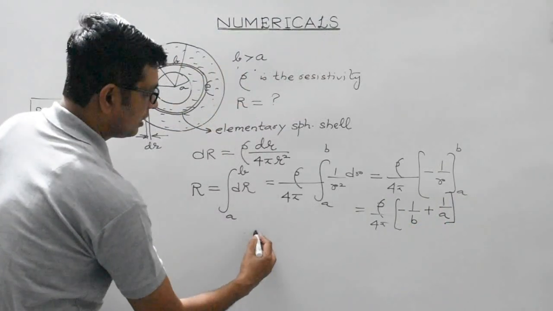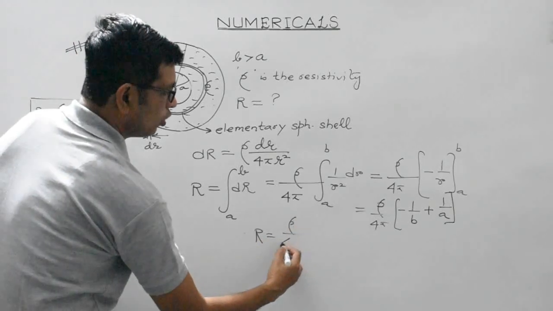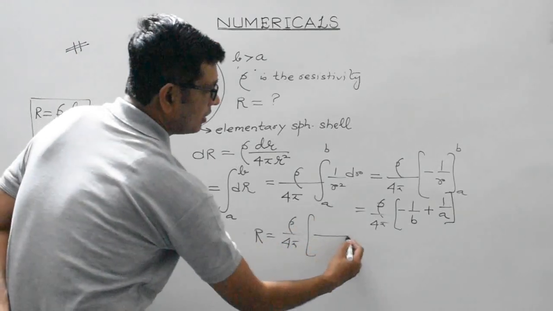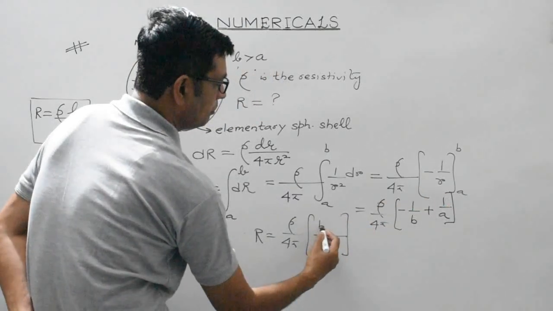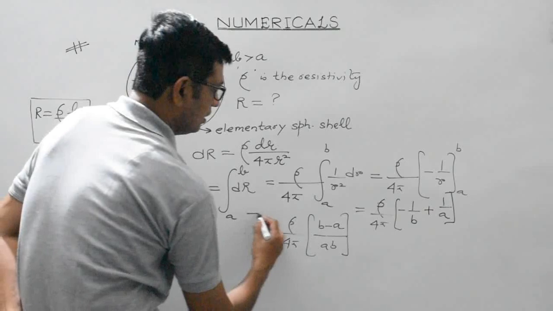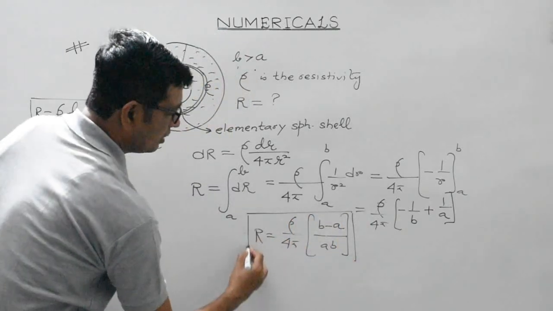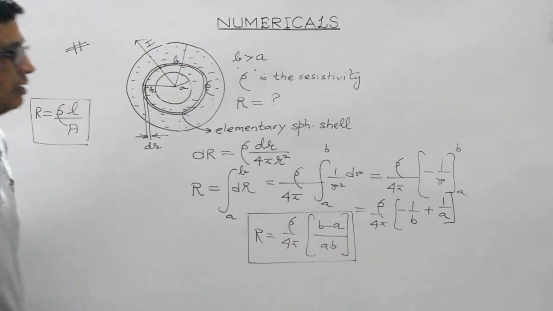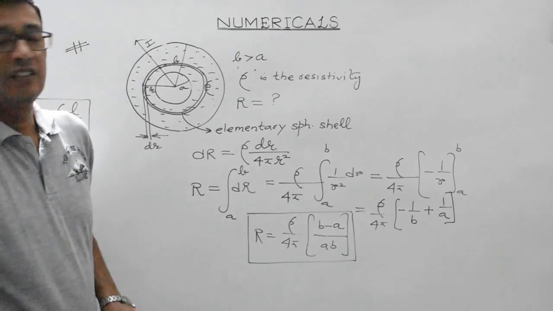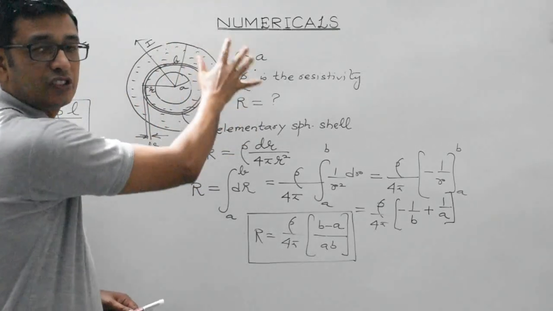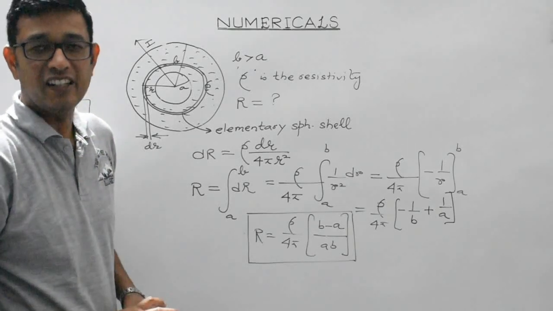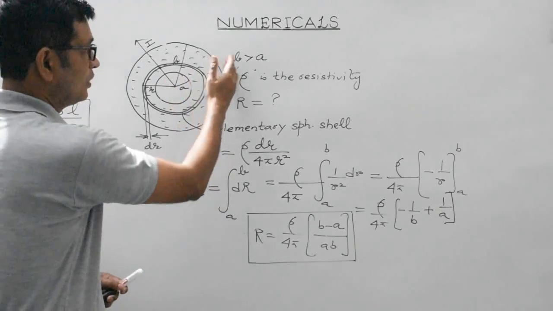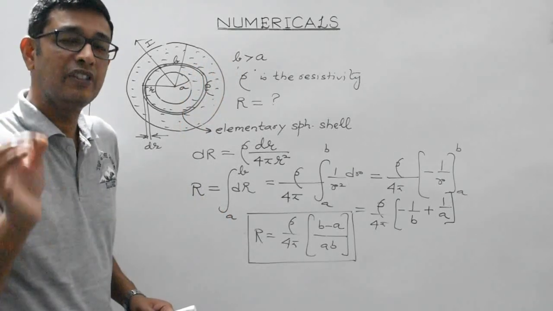So it can be written as rho over 4 pi times, taking ab as the LCM, b minus a over ab. This is, students, the expression for the resistance offered by the conductor in the form of concentric spherical shells, containing in the space between the shells a medium of resistivity rho.